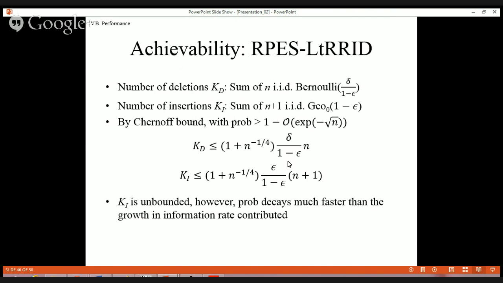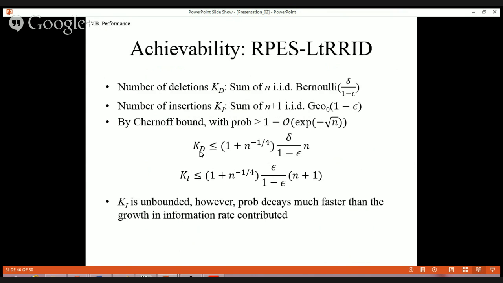And we can characterize the transmission rate contributed by this scenario. With exponentially small probability, kd and ki are far from their expectation, up to n, and the transmission rate contributed in that case is linear in n. So it's negligible when n goes to infinity.